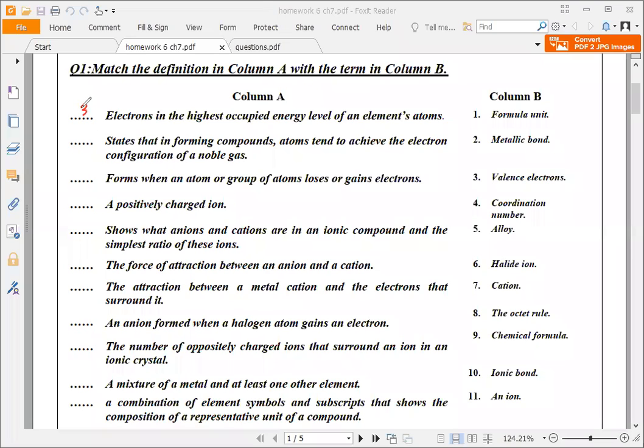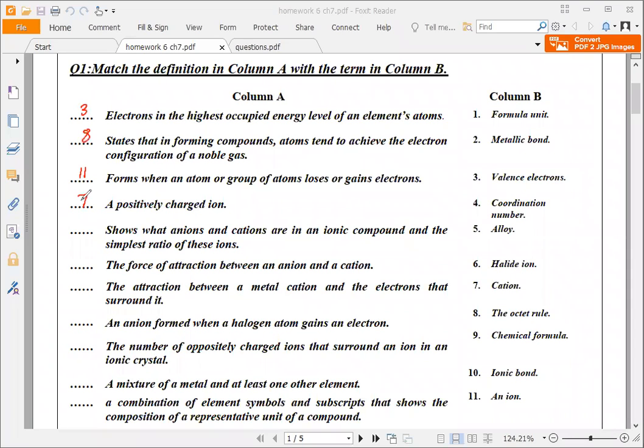States that in forming compounds, atoms tend to achieve the electron configuration of a noble gas. 8, the octet rule. Forms when an atom or group of atoms loses or gains electrons. 11, an ion. A positively charged ion. 7, cation.